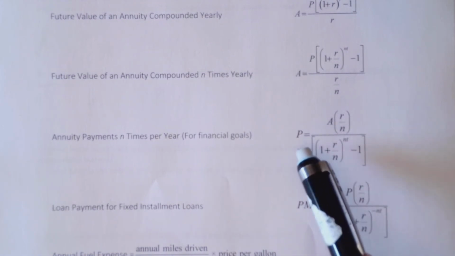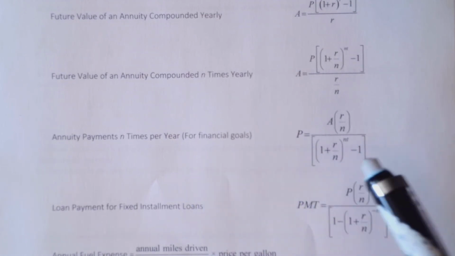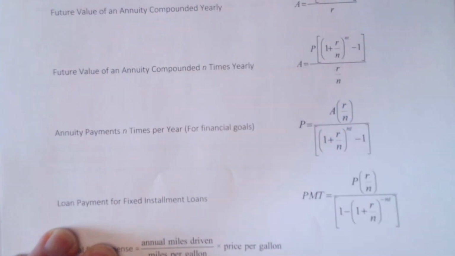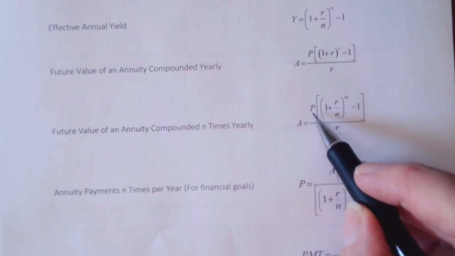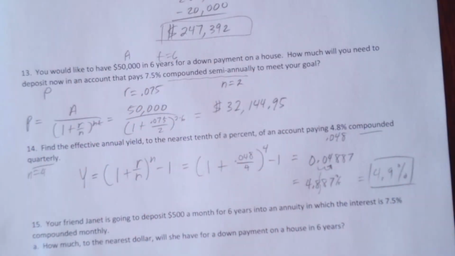You want to know what you need to put into the account per month, or whatever N is. It could be per year. We've been doing mostly monthly. I think you might have seen one that was quarterly. But this is our formula here because we know the monthly payment amount. That's going to be our P. So let's go ahead and write the formula down.